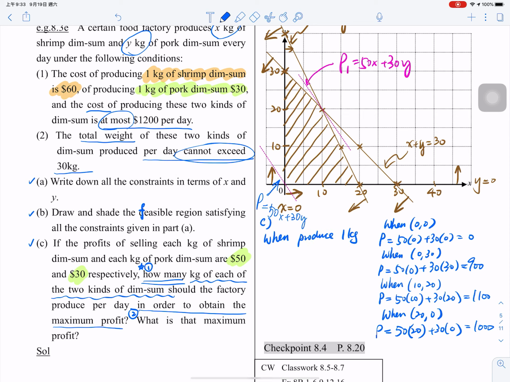So at the end you found the answer to the question, and you see that here this is the maximum, so it should be this one.